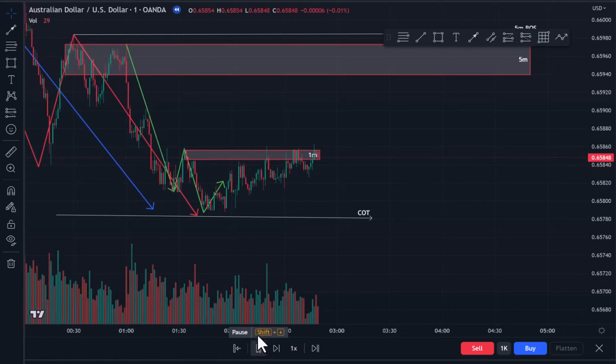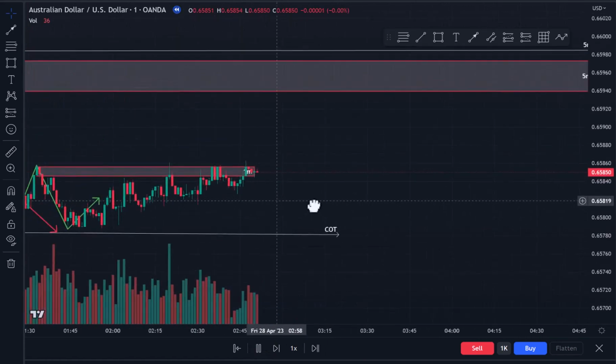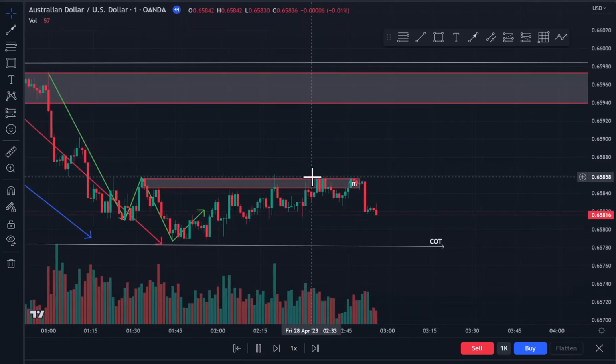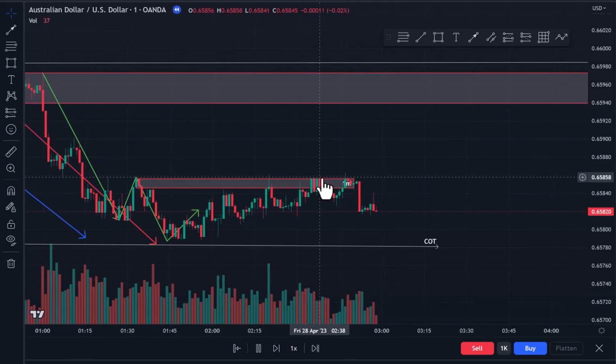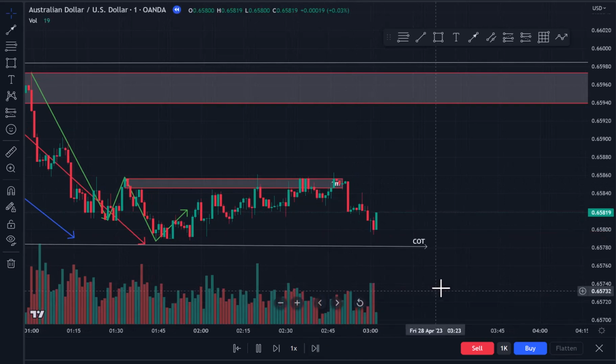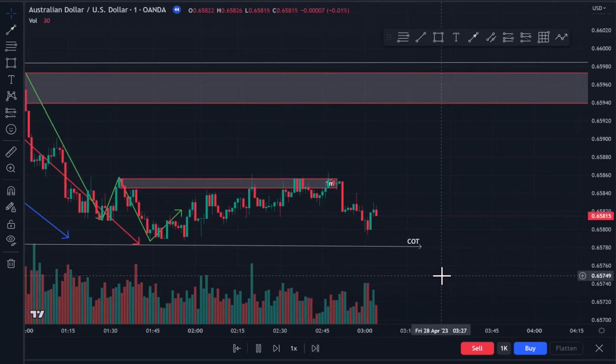All right, so price is continuing to tap above it. There's no valid close above the key level. We want to see those legitimate closes above. And it looks like it's just kind of oscillating.